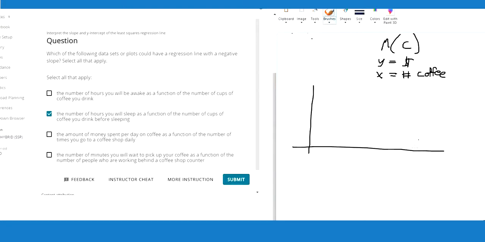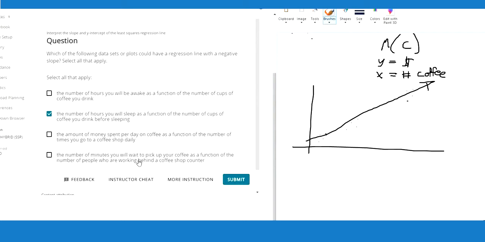So try to imagine some data points. As the number of times that you go to a coffee shop gets big, the amount of money you spend per day on coffee probably gets big. Whereas if x is close to 0, you're probably not spending a lot of money on coffee. And then the pattern keeps going. That's a positive slope. As you read it from left to right, it's increasing. So we're looking for negative slopes.